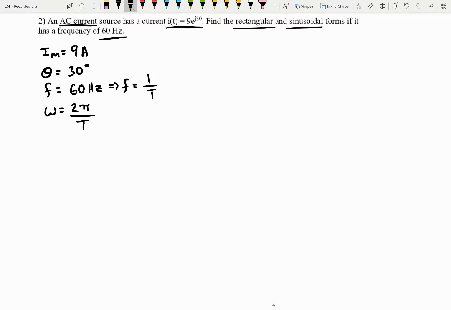So if we combine those two, we will get the angular frequency is equal to 2 pi times the frequency. So 2 pi times 60 hertz will give us about 377 radians per second. So now we can go in and piece everything together.